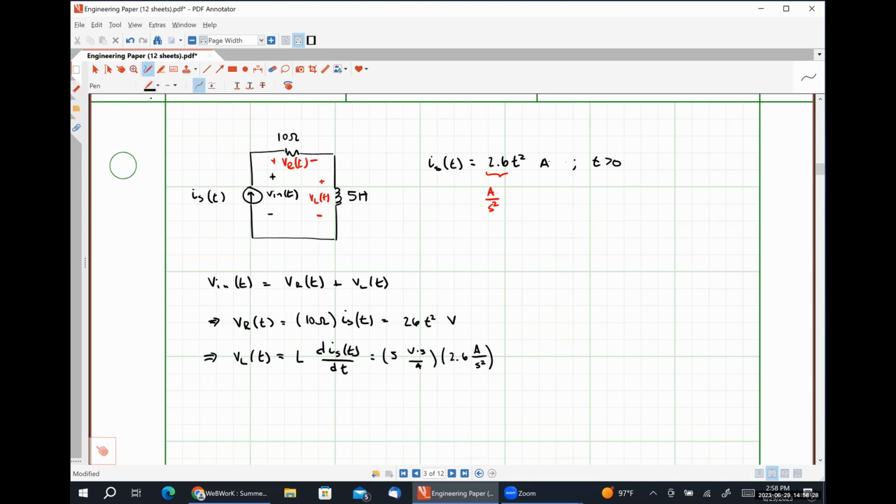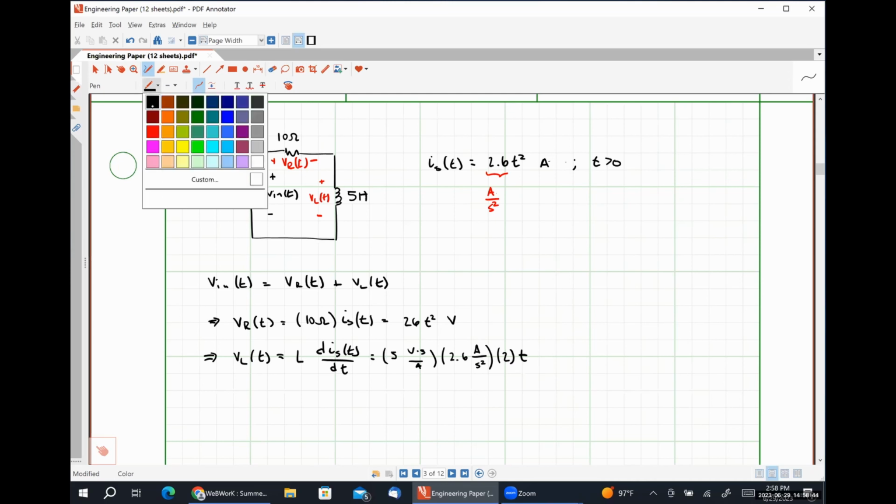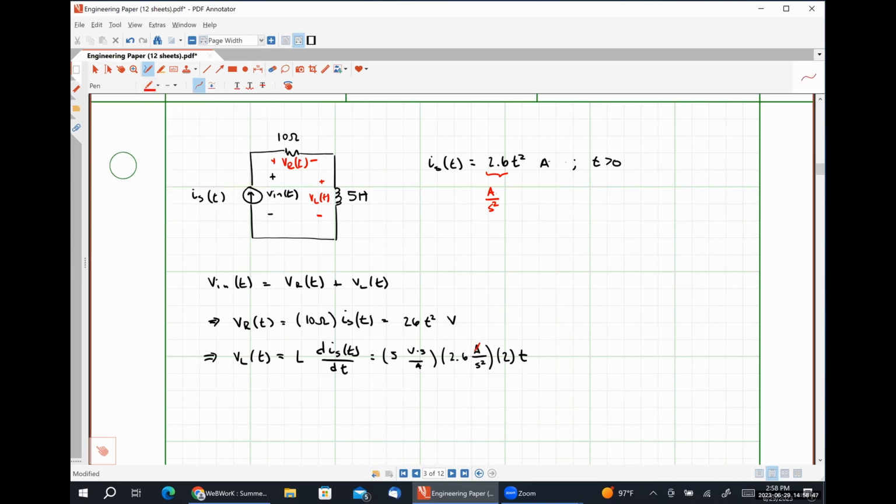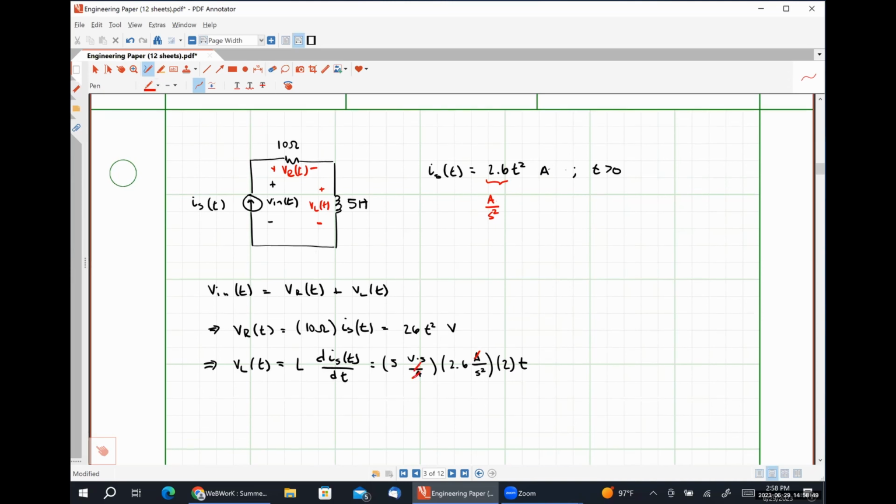Now I'm taking the derivative of t squared, which is just going to be 2 times t, where t is measured in seconds. So let me look at things here really quickly. This amp cancels this amp down here.